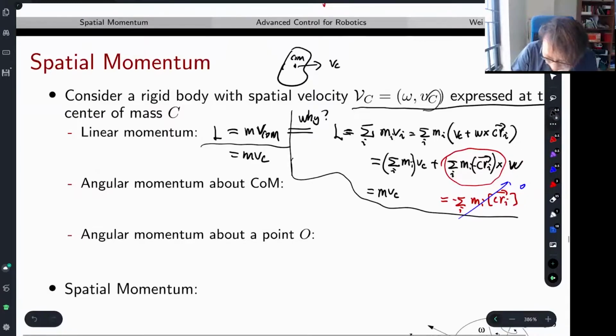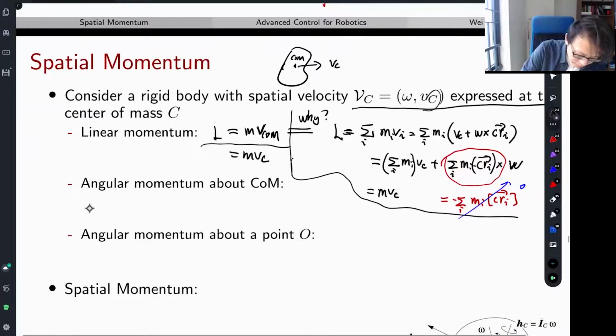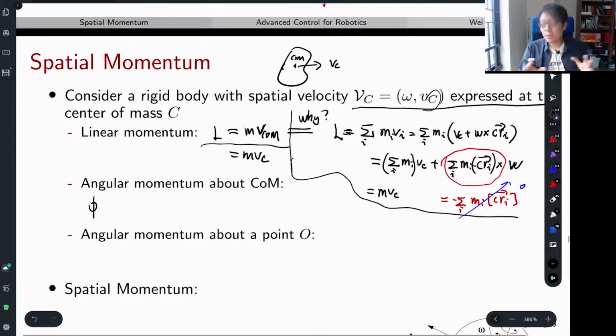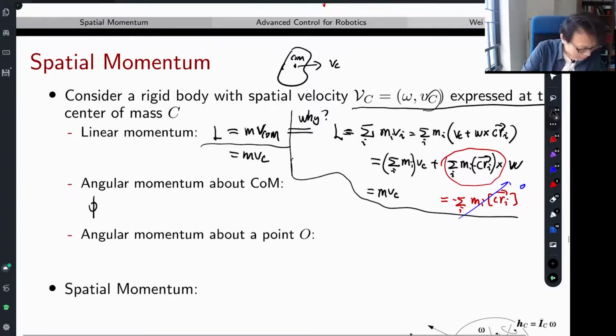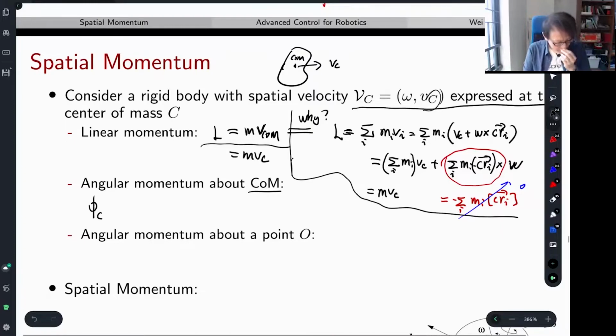Now, second part, which is the angular momentum about the COM. Again, this rigid body has an infinite number of points, made up of so many different small point masses. I would say angular momentum about the center of mass, which means you use the center of mass as a reference point.